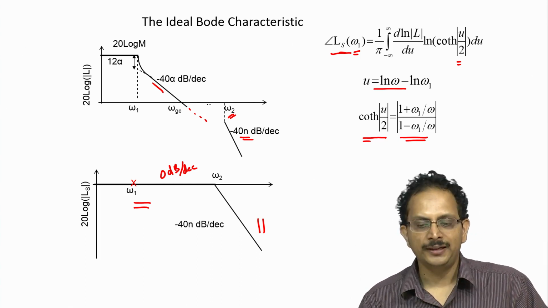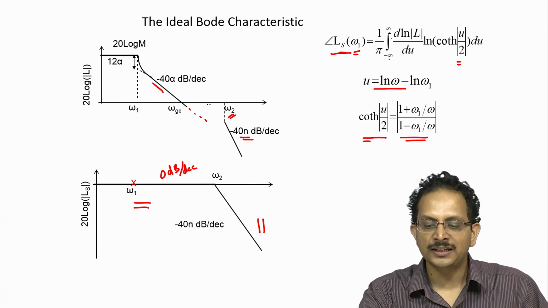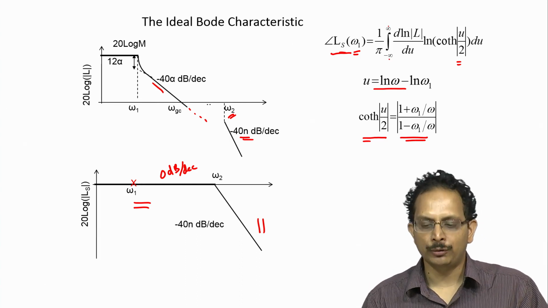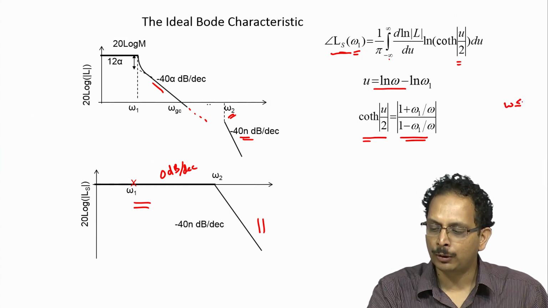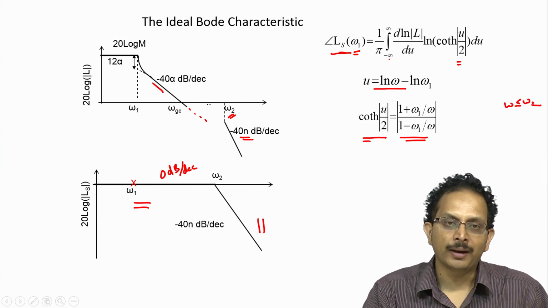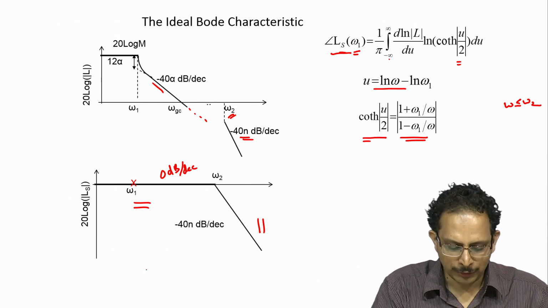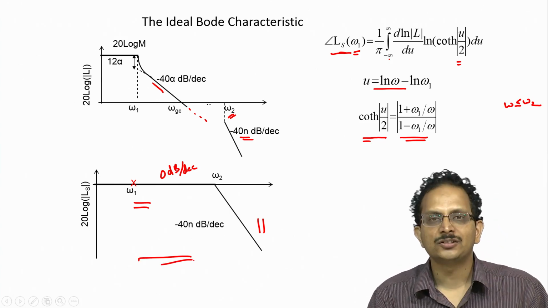Next, we note that although the limits of this integral are minus infinity to infinity, up to frequencies omega less than or equal to omega 2, the slope of the magnitude characteristic for this particular characteristic here is 0 dB.